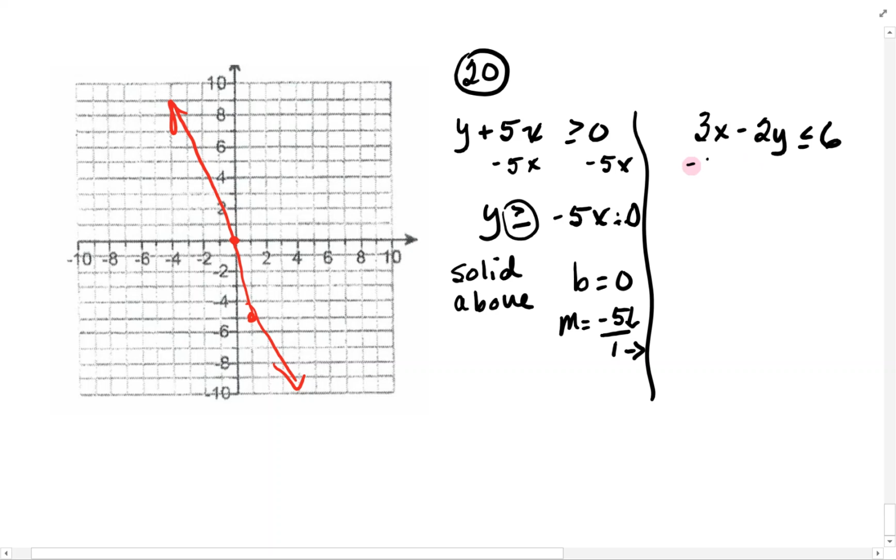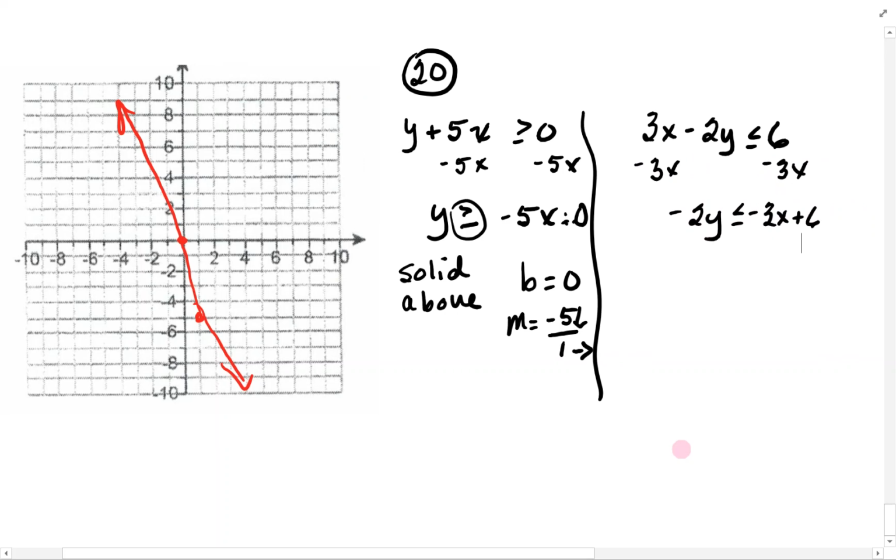Second equation, I'm going to subtract 3x, and I have negative 2y is less than or equal to negative 3x plus 6. Divide everything by negative 2. I have y. Because I divided by a negative, my inequality symbol reverses.